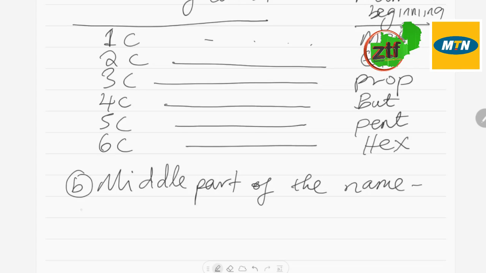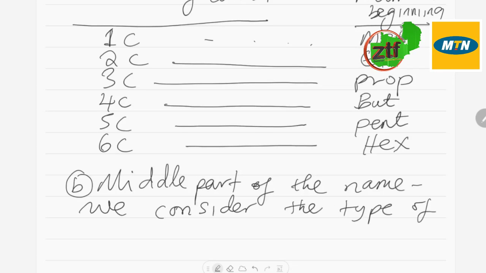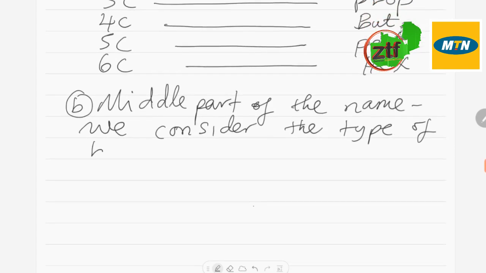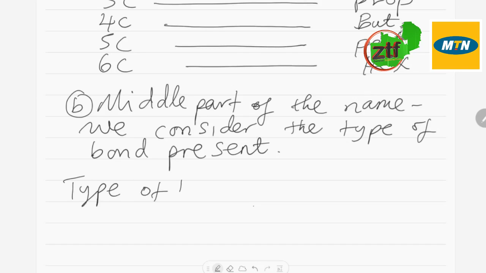For this one, we consider the type of bond present.